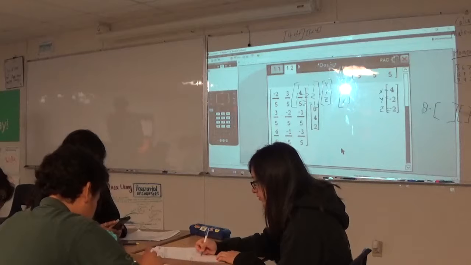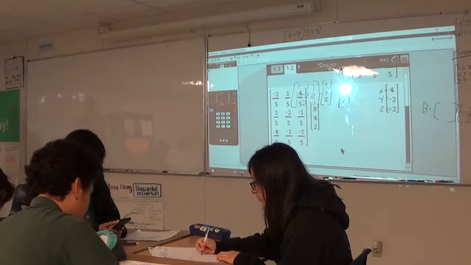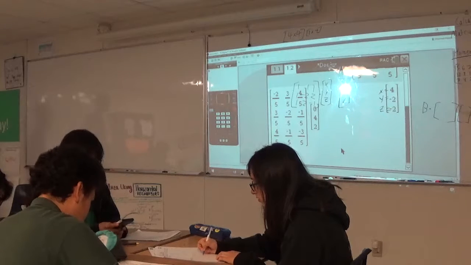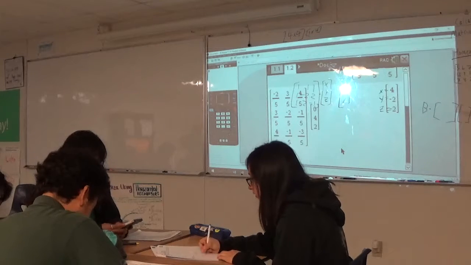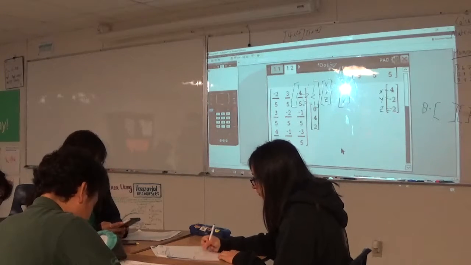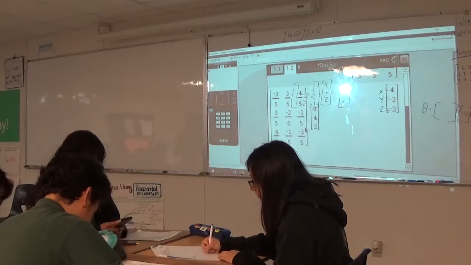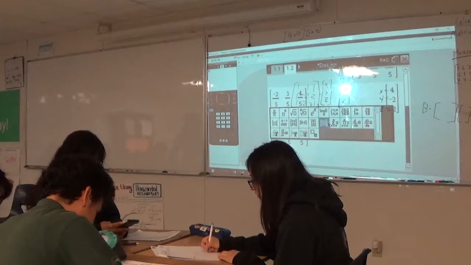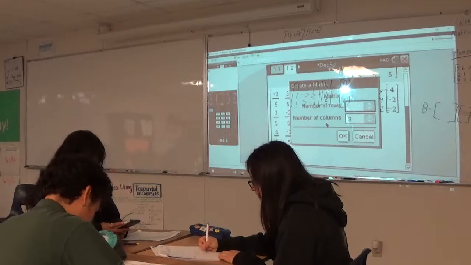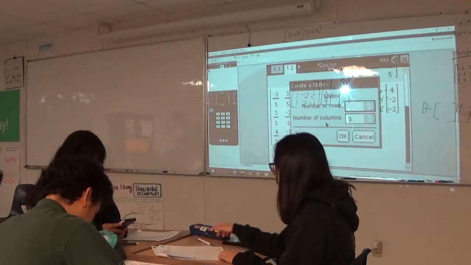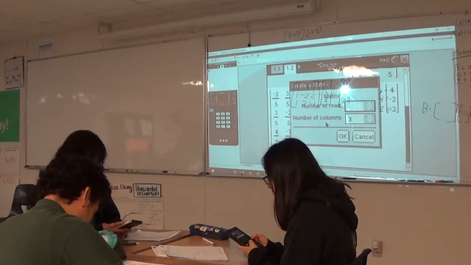How do you know which comes first? I think it's just when this one starts. Yeah, the inverse working on it. The inverse of the inverse, and then the times.